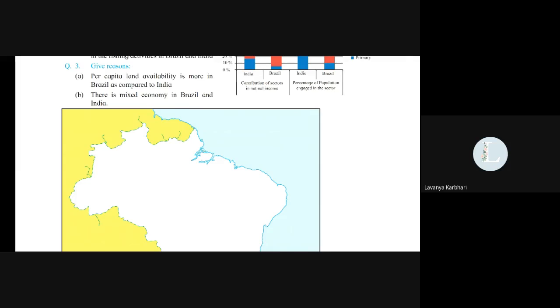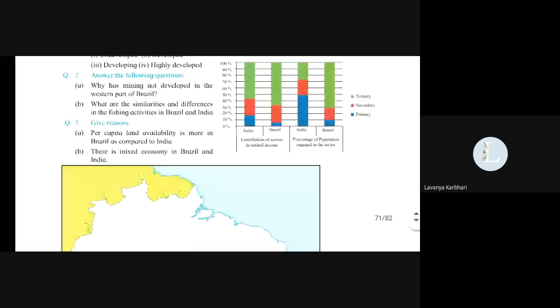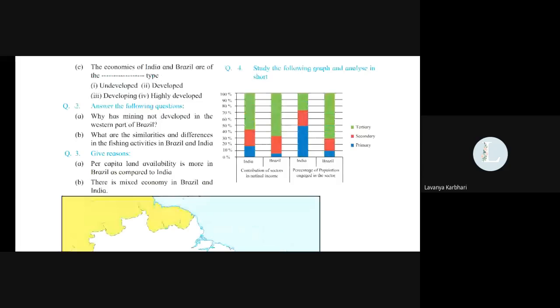Study the following graph and analyze it in short. You can see the graph over here: contribution of sectors in nominal national income, and percentage of population engaged in the sector.